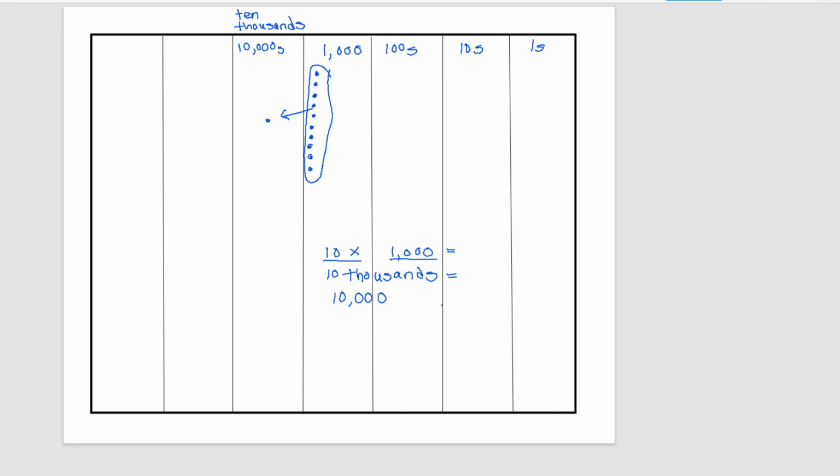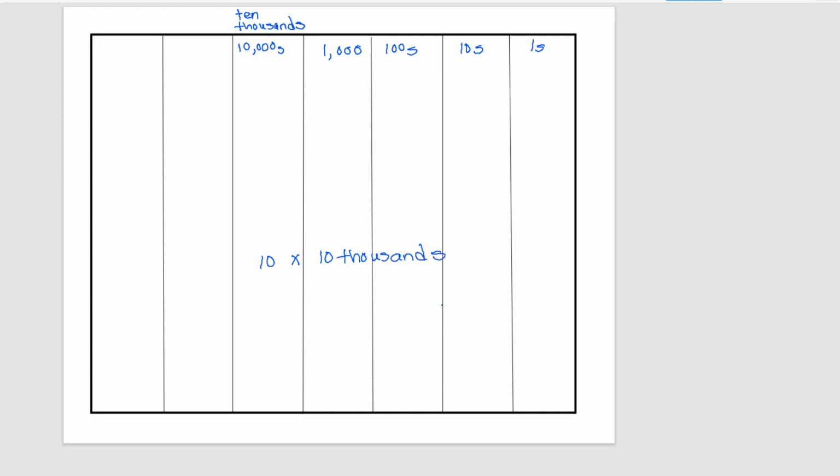All right, we're going to erase everything but the headings. We're going to keep our headings here. And now this time we're going to do 10 times 10 thousands, our new unit that we just put on our table.